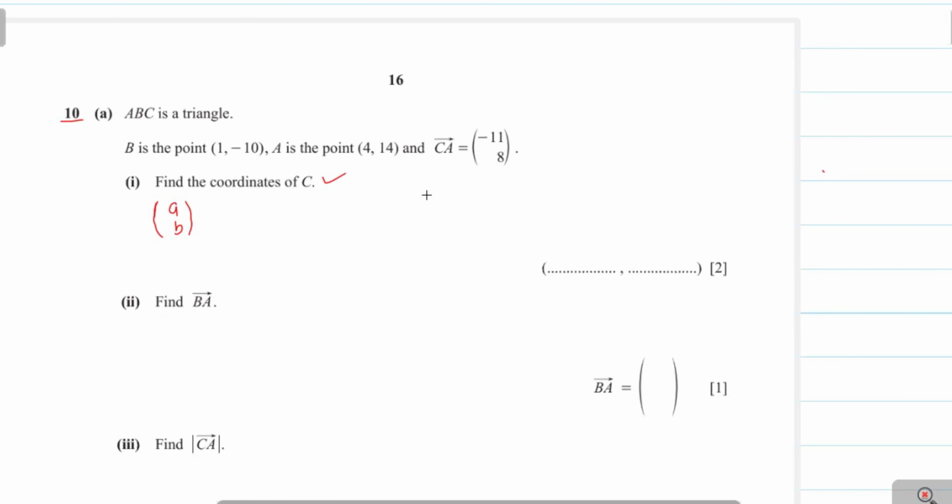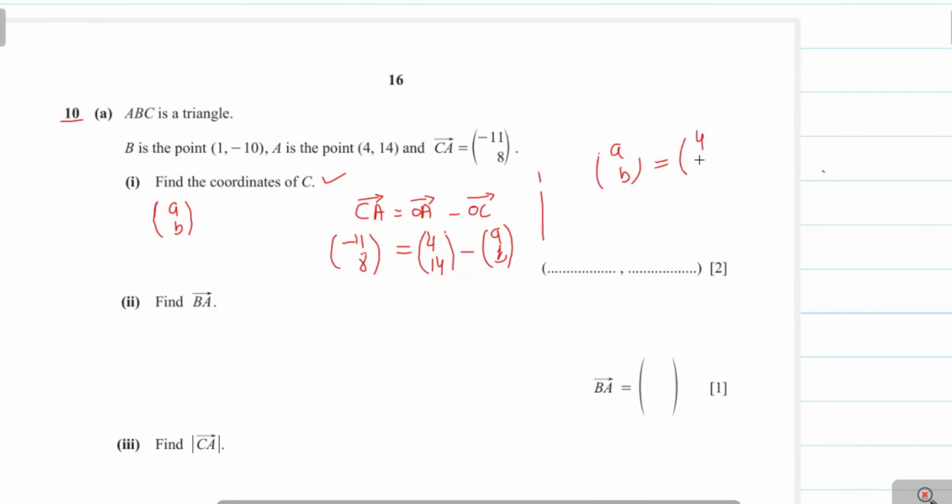You know the CA vector equals OA vector minus OC vector. CA vector here is (-11, 8), and OA vector here is (4, 14). We write in the column form. Minus OC, and this will be equal to OC. We shift from left to right side, and (4, 14) is written as it is.